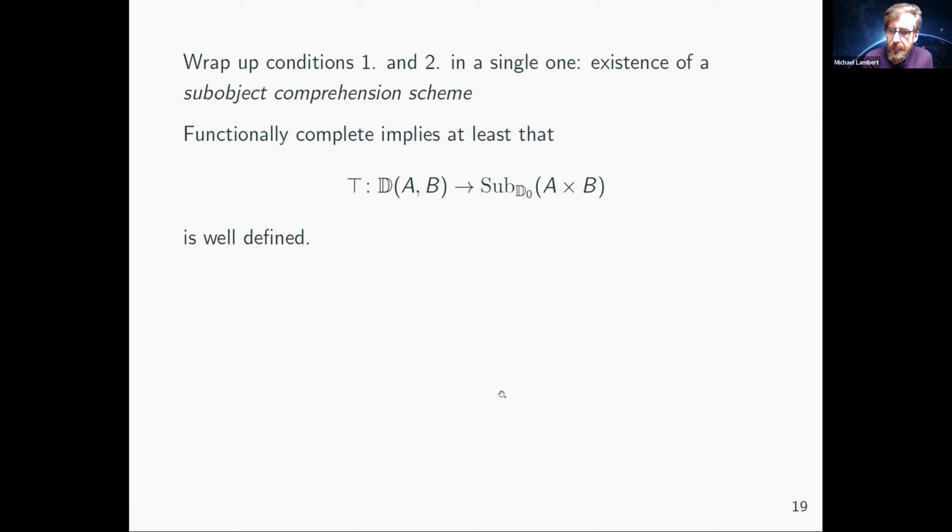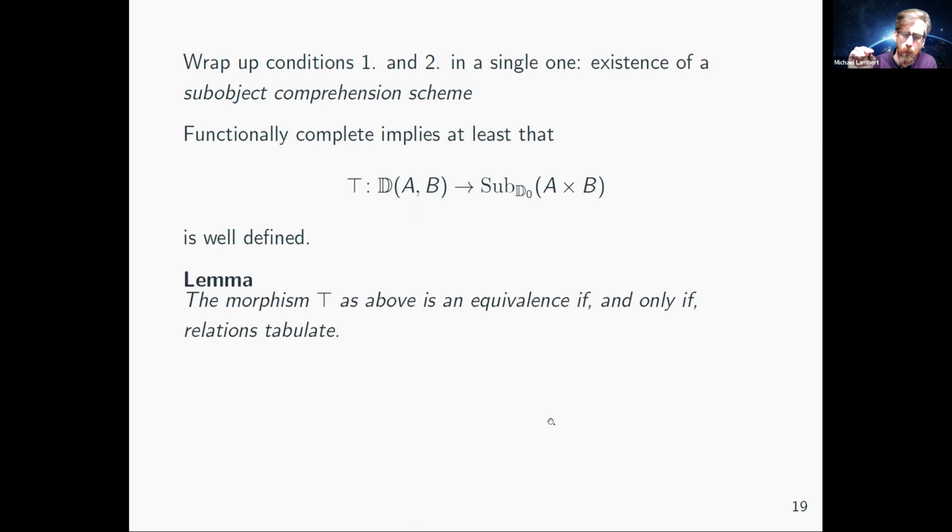Functionally complete says, if you have a pro arrow and you take its tabulator, at least you get a jointly monic arrow, which will define a sub-object. Here's a funny thing. This morphism, under the assumption of functional completeness, is an equivalence if and only if relations tabulate.